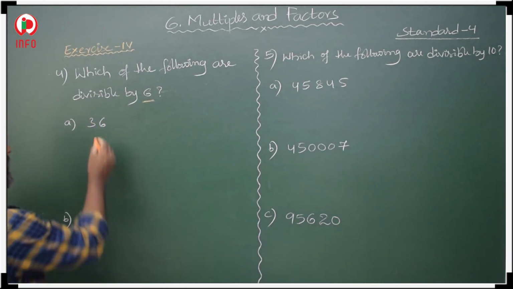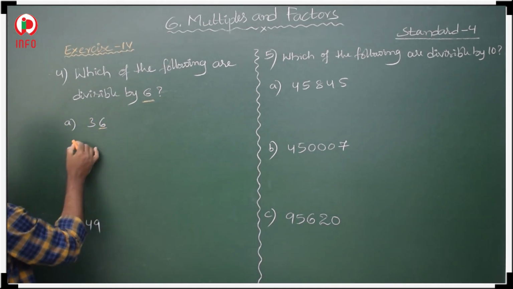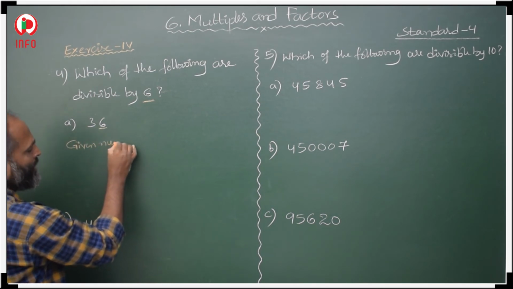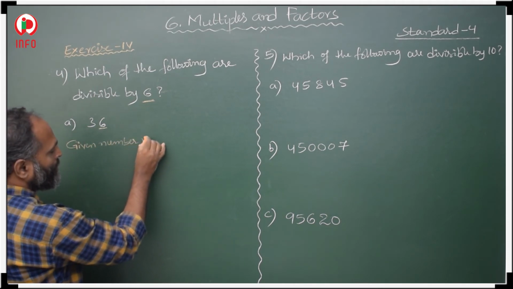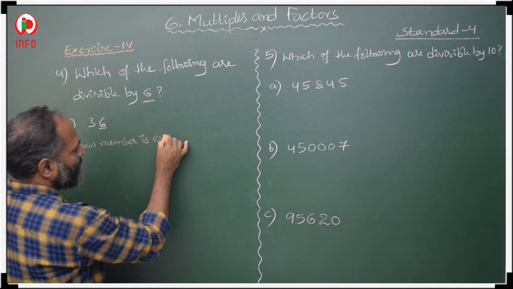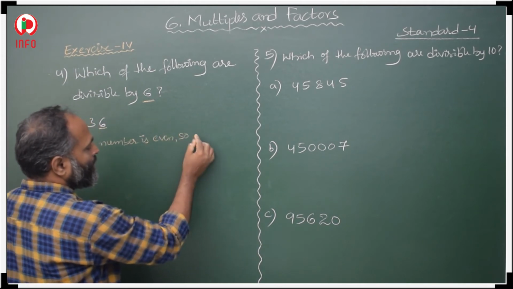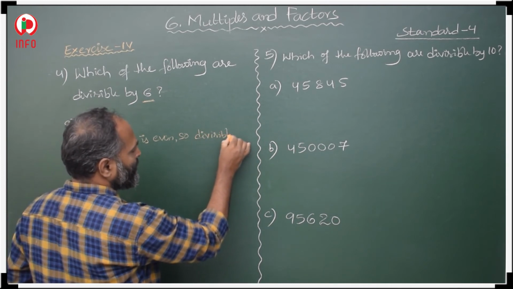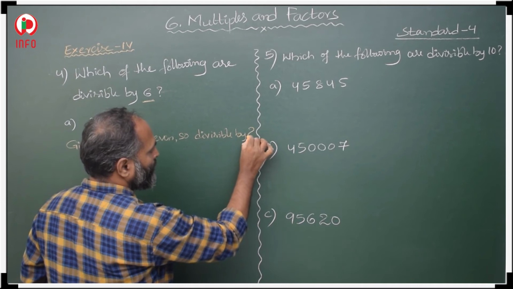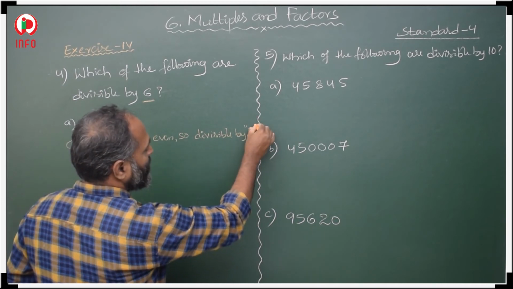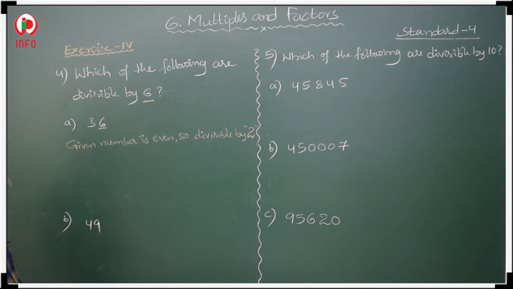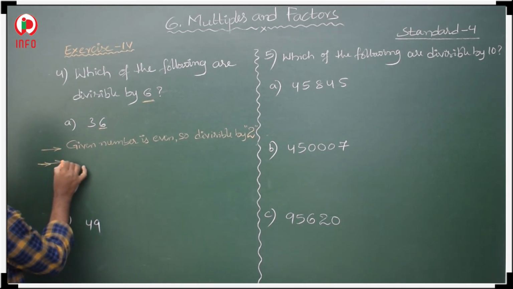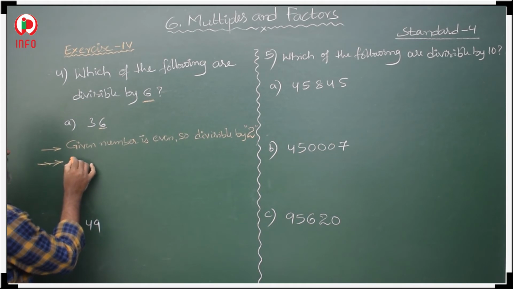First, this first one: the given number is even, so it is divisible by 2. Next, sum of the digits.